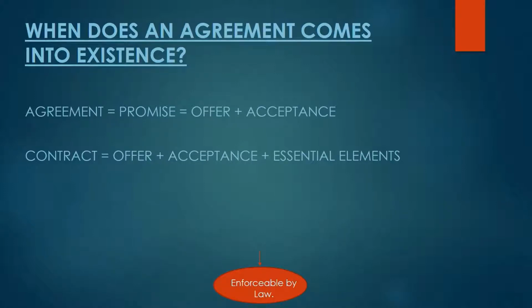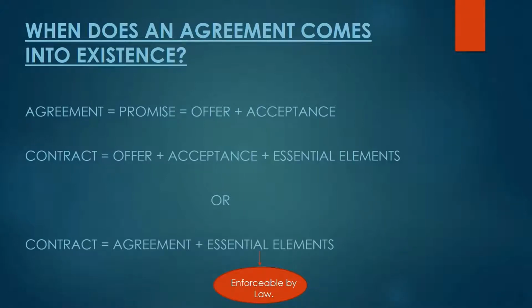So for it to be legally enforceable, it should have the essential elements of a valid contract. Essential elements means these are the things that should be present in a contract to make it enforceable by law. So I will discuss these elements in my next slide, right? So contract is an agreement plus essential elements.